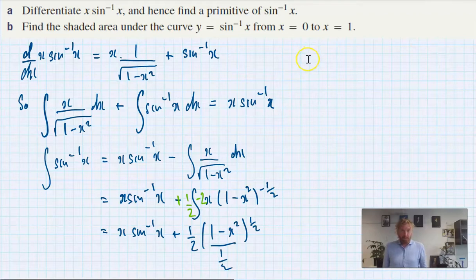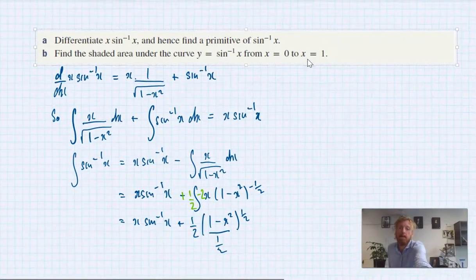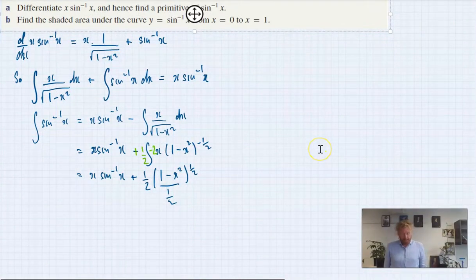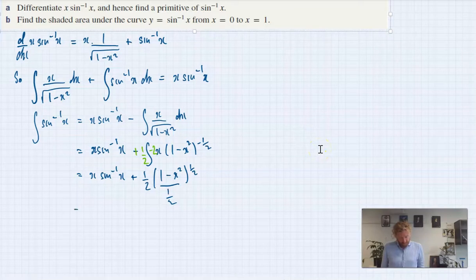Now, just zoom out a little bit there. Now those halves will cancel, and I will get x sine inverse x plus (1 minus x squared) to the half, a bit messy, okay?